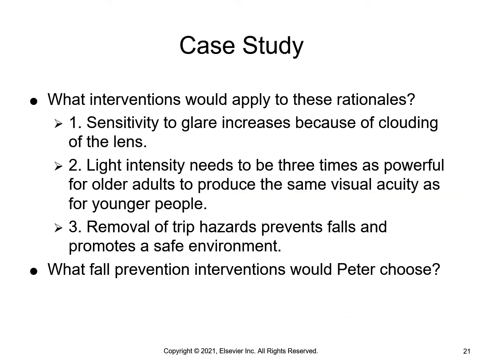Here are interventions that apply to these rationales. Recommend that a non-glare work surface be installed in the kitchen area. Recommend incandescent lights in the home. Identify potential trip hazards such as throw rugs and suggest that they be modified or removed.